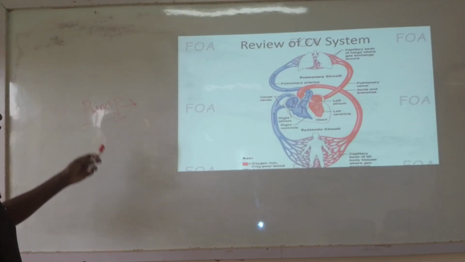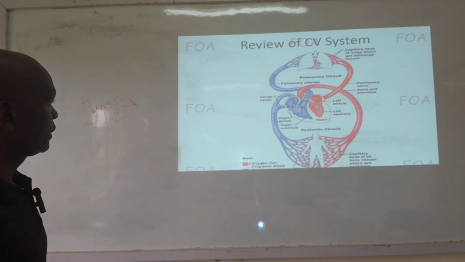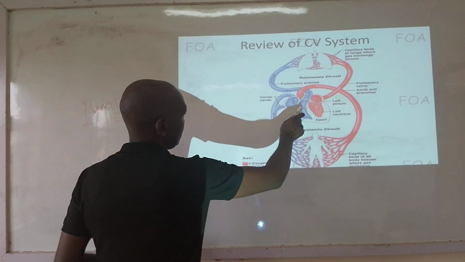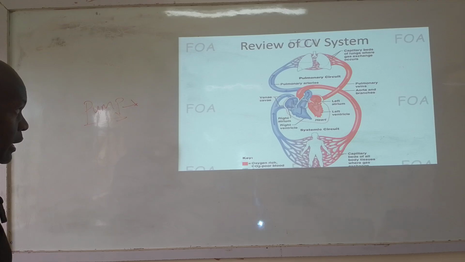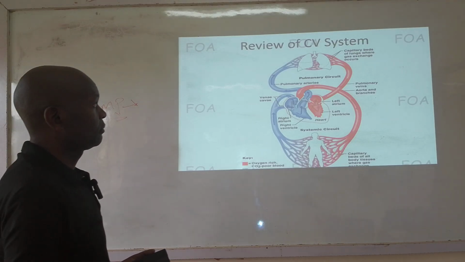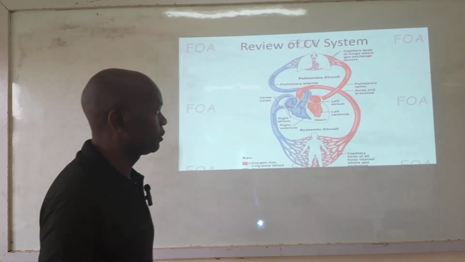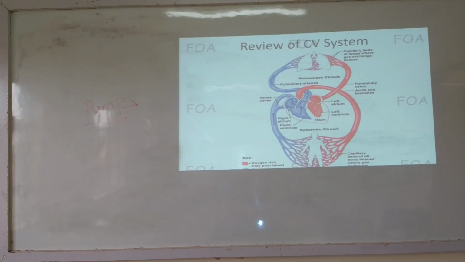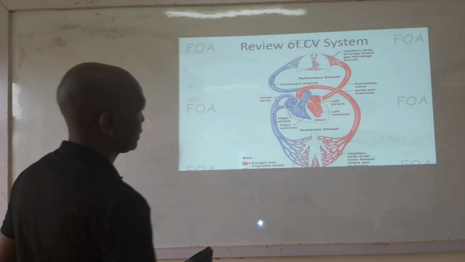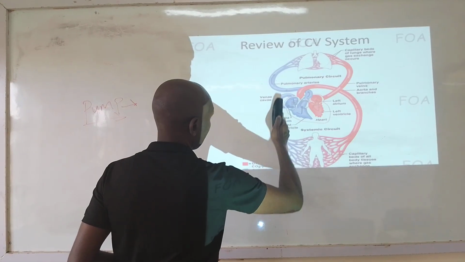When it stops, it becomes an issue. Therefore, this heart is a very important organ in the system, because if it stops, you will not be able to supply blood across the body. So this is just an illustration. So there's the heart here.